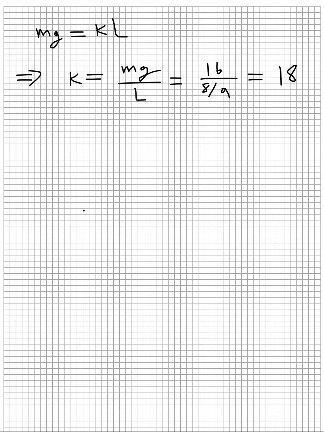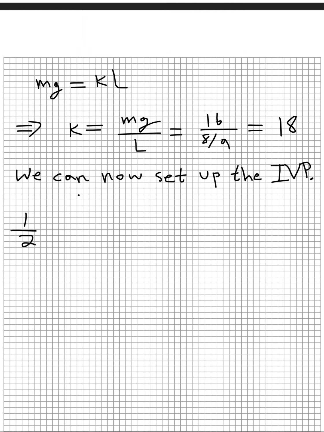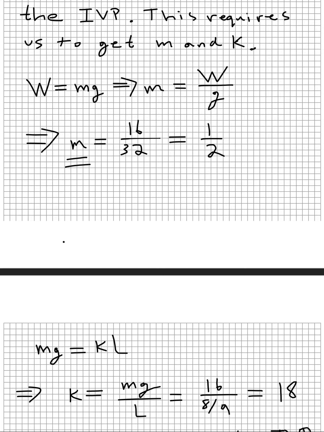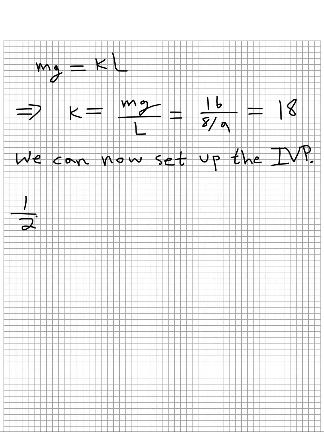So now we can set up the IVP. We can now set up the initial value problem that we're going to solve. Okay? That will be 1/2, and you know where we got that from, don't you? That was m. And this is based off of that original equation we saw and derived previously.